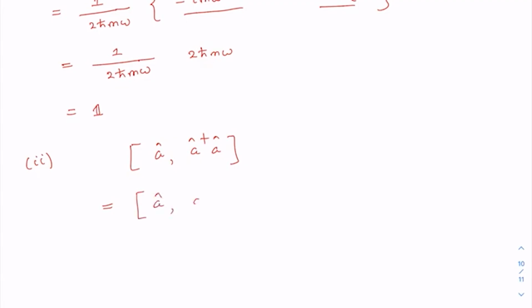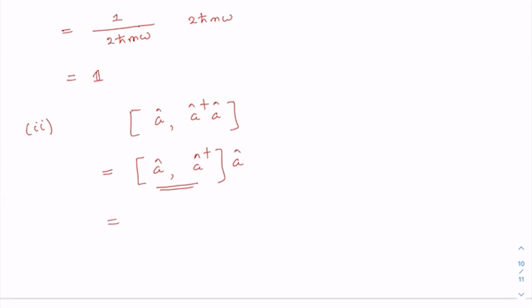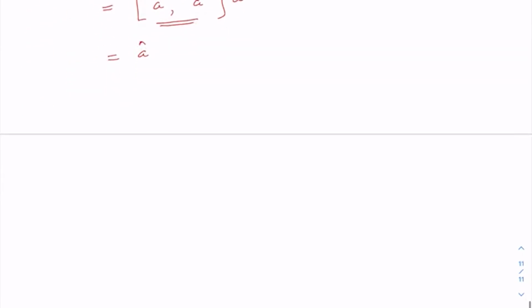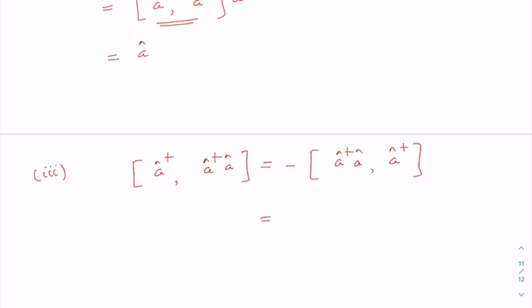So you have [A, A dagger] A, I can write it this way, and we know that [A, A dagger] is equal to 1, so this will give me simply A. And then the third relation, you have to prove [A, A dagger] A dagger, and here I can write it as minus [A dagger, A] A dagger.